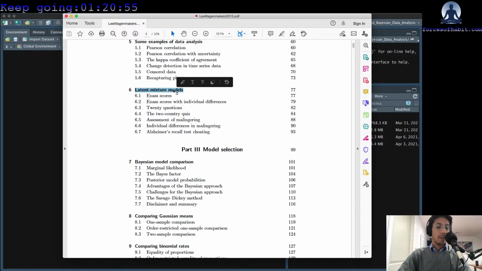Essentially, latent mixture models are a means for identifying properties that might vary across groups, and letting the data identify those clusters.